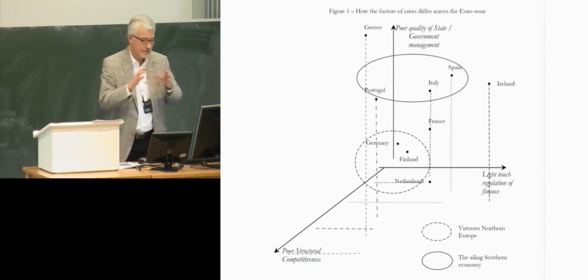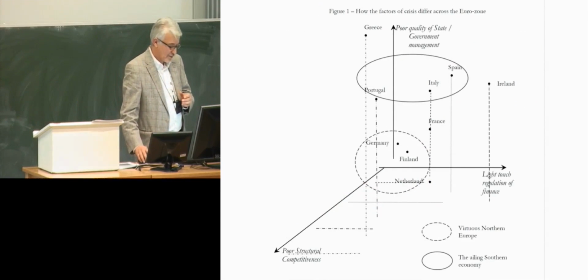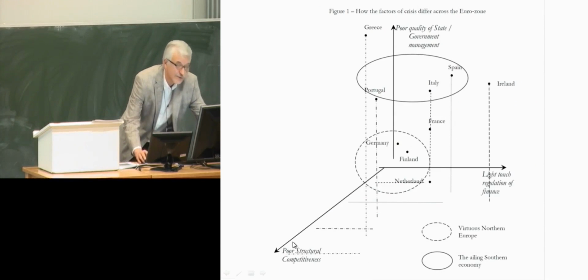Now, to take this together, poor structural competitiveness is one of the factors of crises that differ across the Eurozone. So here, Greece and Portugal are here, poor structural competitiveness in a three-dimensional space.